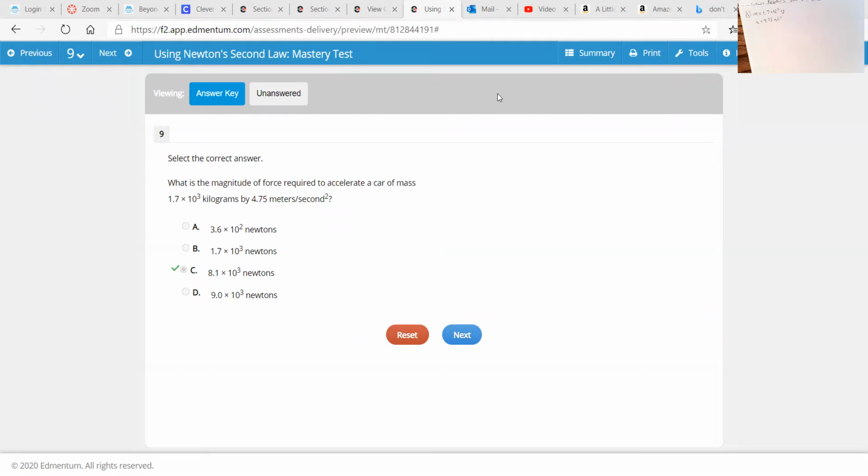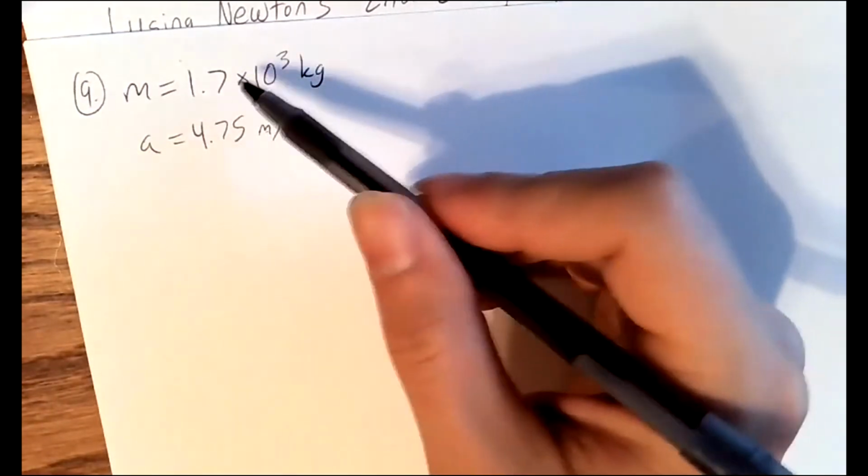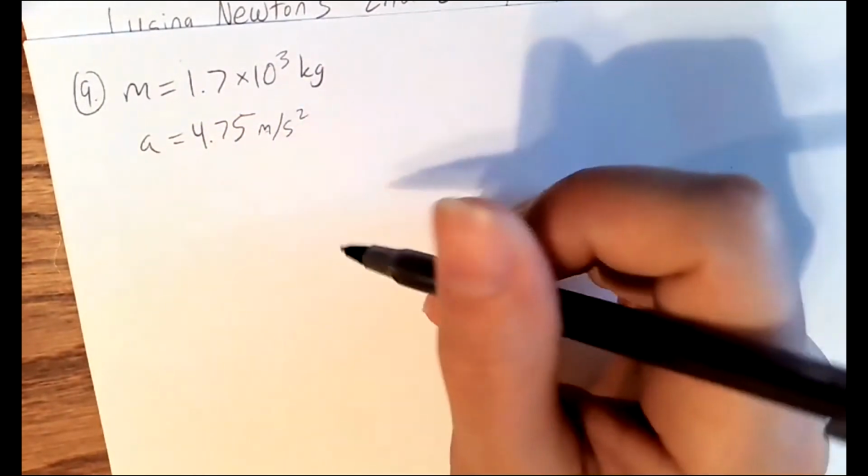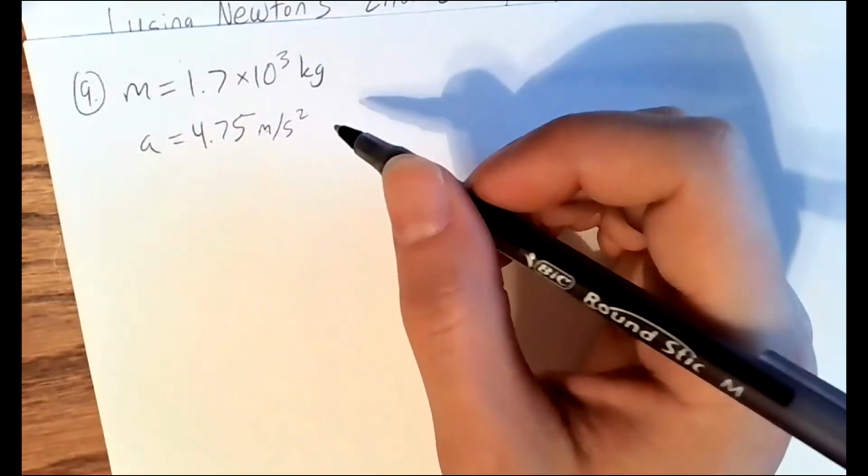So I'll draw it out. They give us the mass of the car, and it wants a to equal 4.75 meters per second squared, okay?